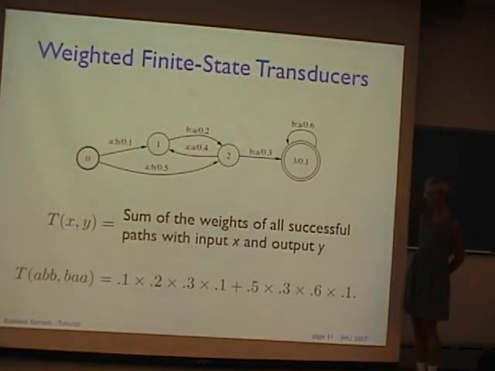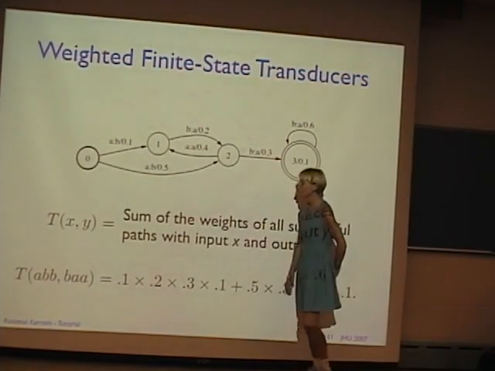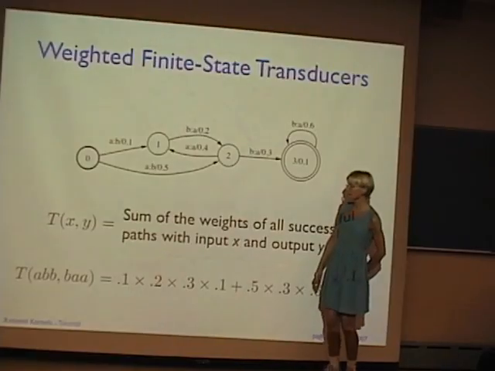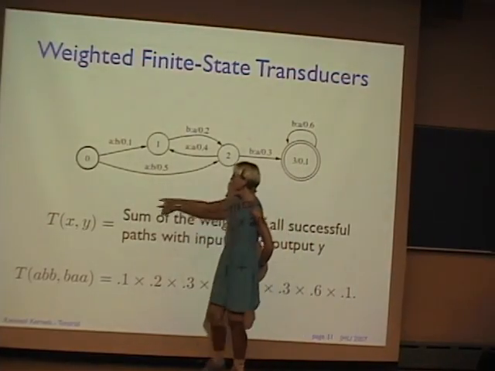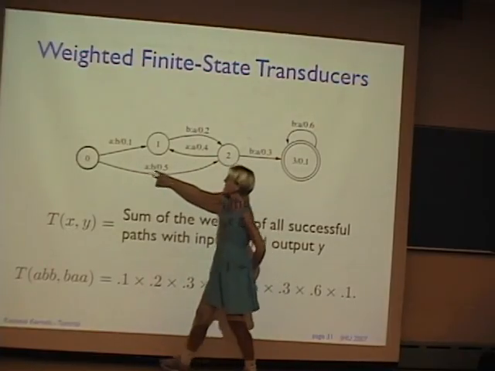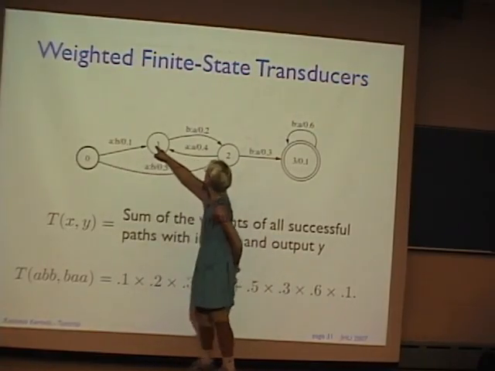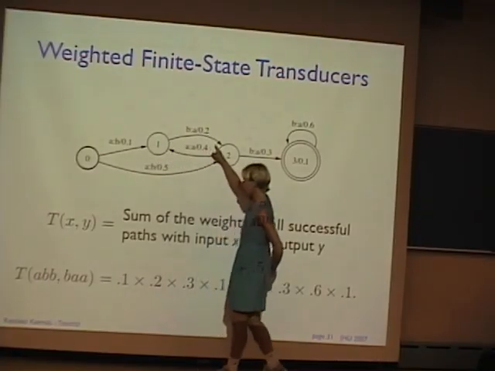So in order for us to find the weight that this transducer T assigns to the input string ABB, output string BAA, we have to find paths that have ABB as input and BAA as output. So let's go with this one first. A as input, B as output, then we have B, A, that's one here, right?